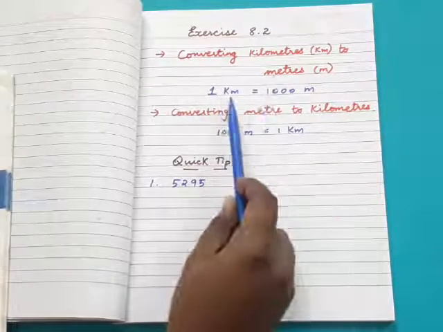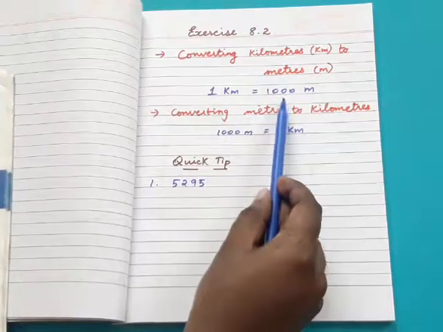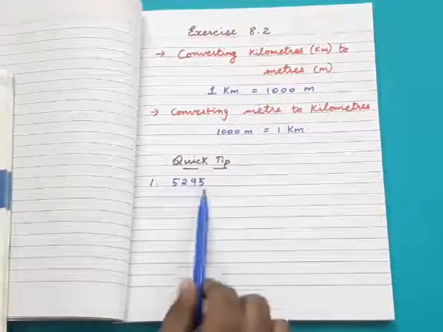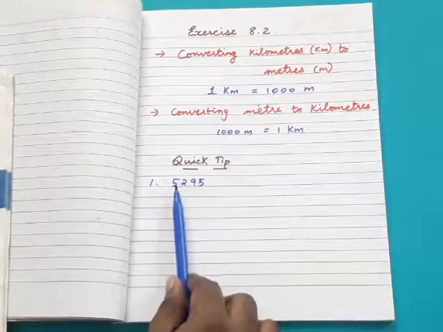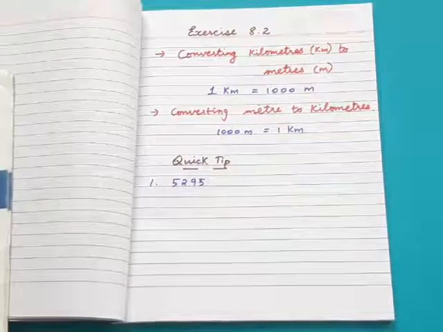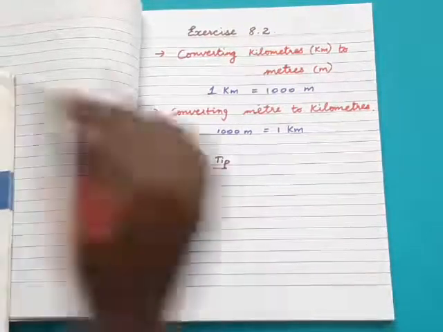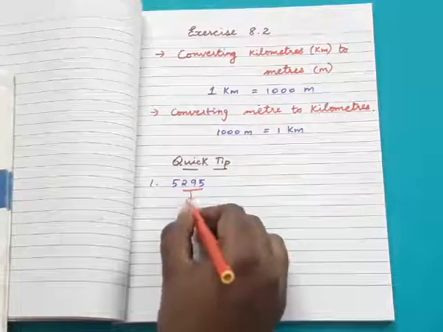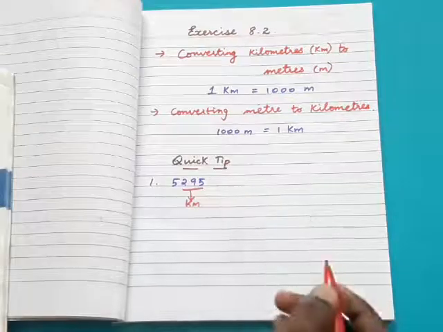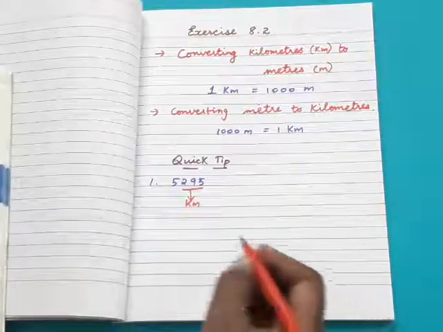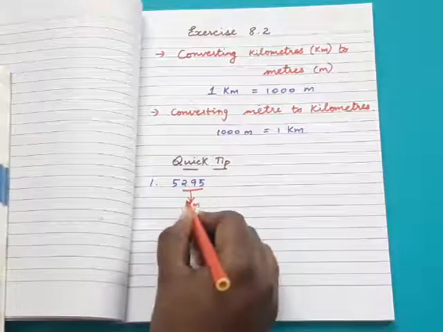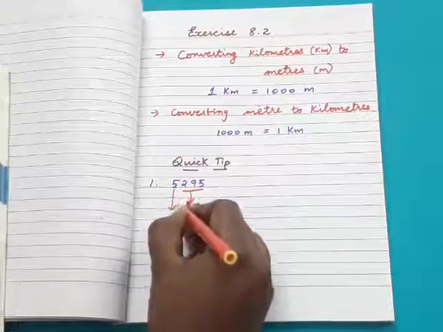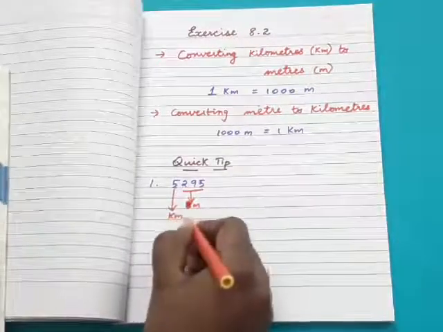Since 1 kilometer is equal to 1000 meter, in placement of 1s, 10s, 100s, 1000, so 3 numbers. From the last, the last three numbers are meter. The remaining numbers are kilometer.